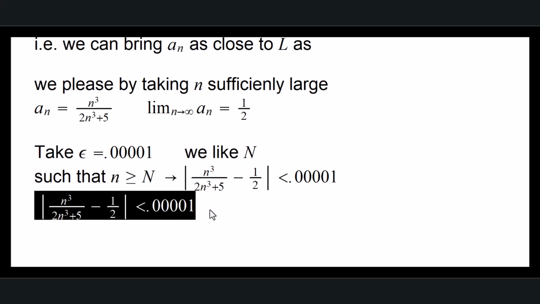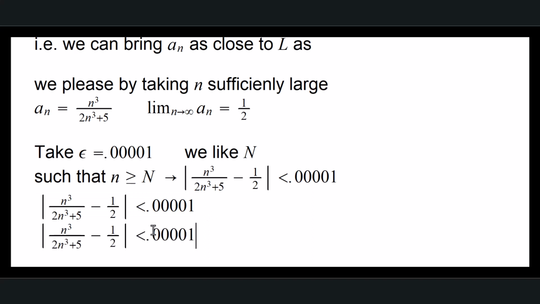That if we take the lowest common denominator, that is 2 times this, times this, and then we have 2n cubed minus 2n cubed again, and then minus 5.